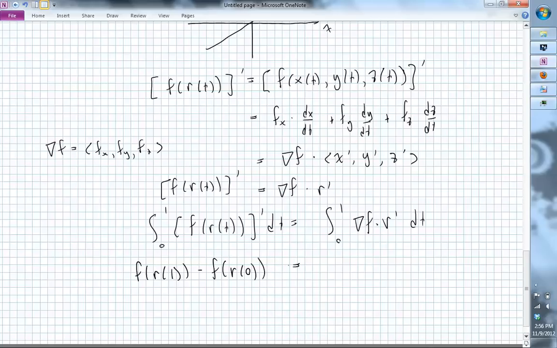And the right-hand side is really just the definition of the line integral f dot dr. We're almost there. What's r of 1? B. And what's r of 0? A. And we're done.